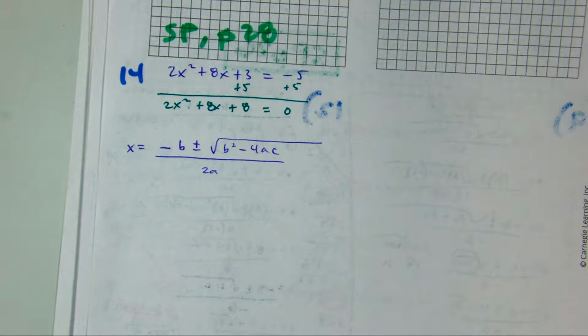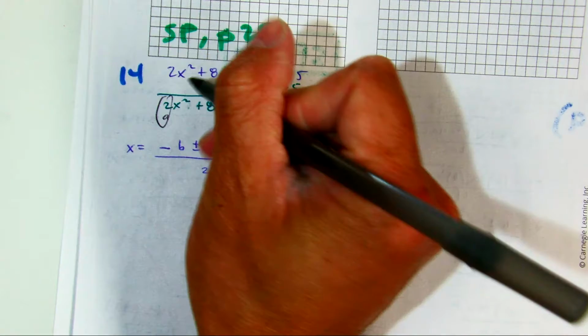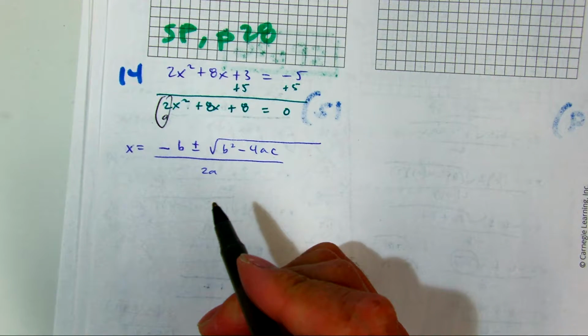Super happy. Let's get our a, b, and c values. Diana, what is your a value? 2. And Diana, your b value? c value?